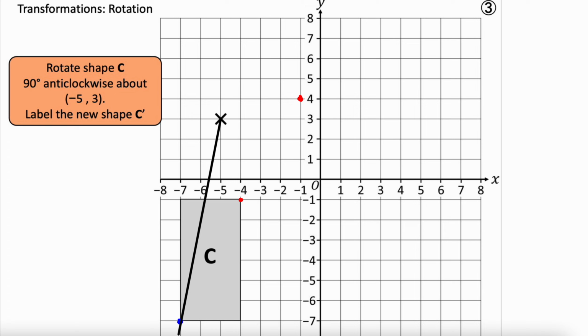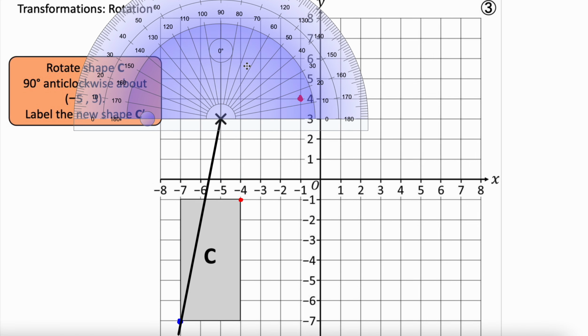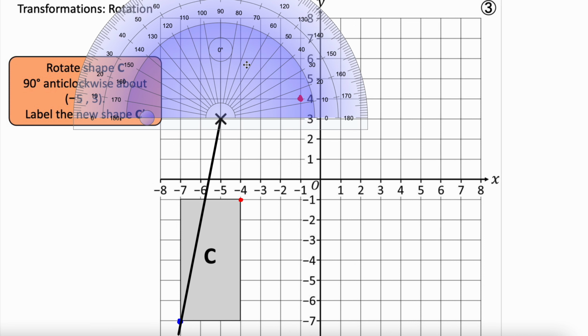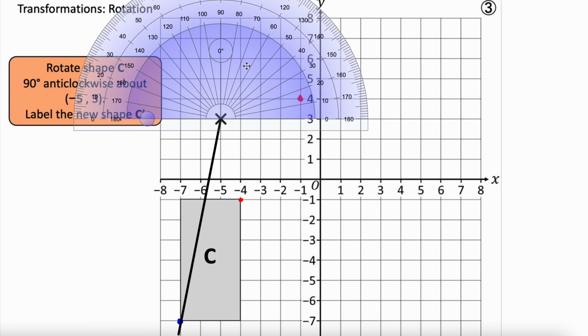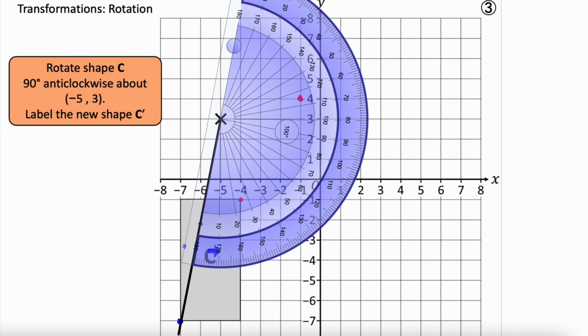And then again, similarly, we will take the protractor, align the center of the protractor to the center of rotation. And then similarly again, we will align the zero of the protractor with the line that we have made before.